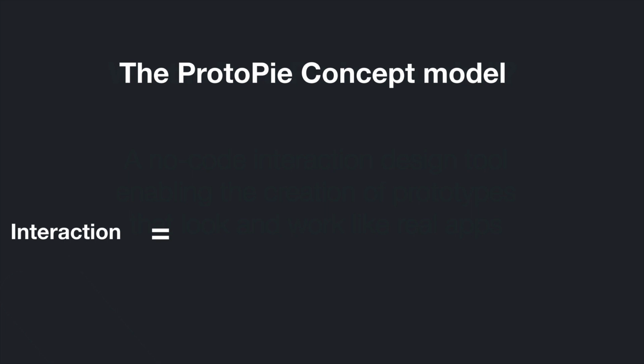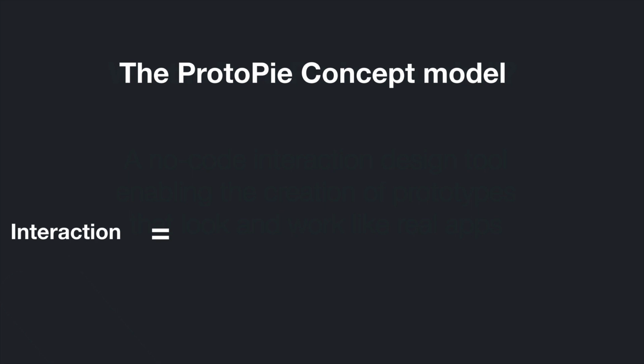When we talk about ProtoPie, as far as how it's structured, there's something called the ProtoPie concept model. The ProtoPie concept model is the fundamental underpinnings of how ProtoPie works, so for you as a user, how to understand how it works.